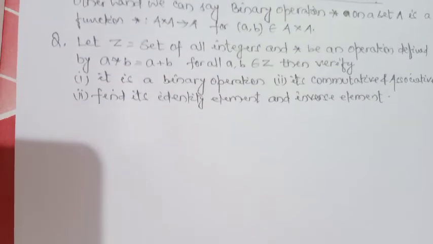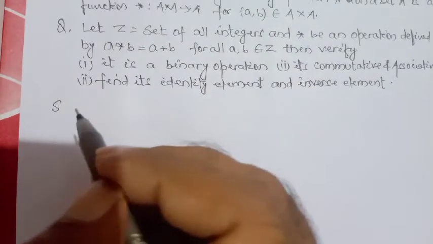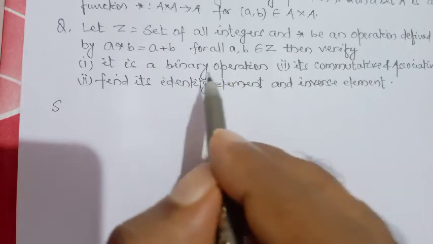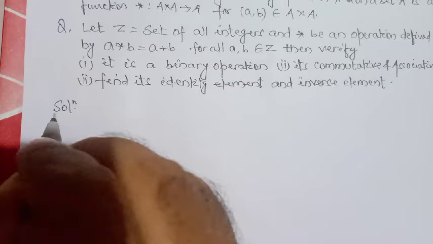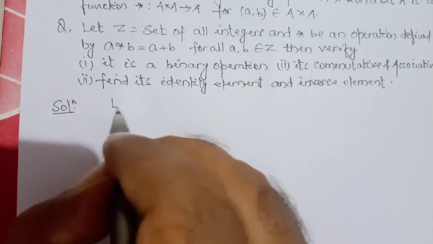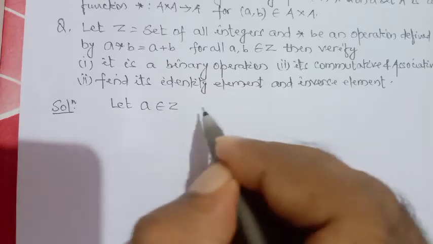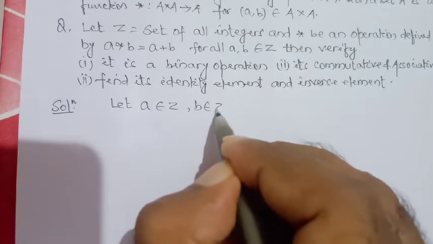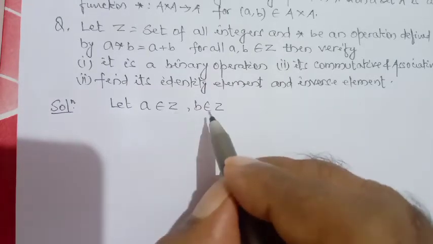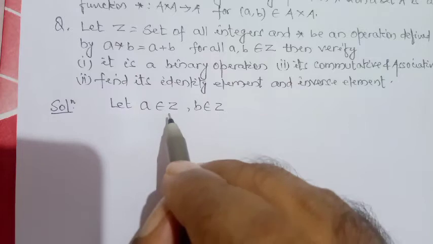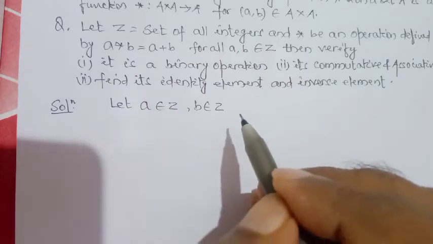First of all, we have to verify that it is a binary operation, means it follows closure property. Let a belongs to Z, b belongs to Z. As we know that Z means set of integers, the sum of two integers is also an integer.